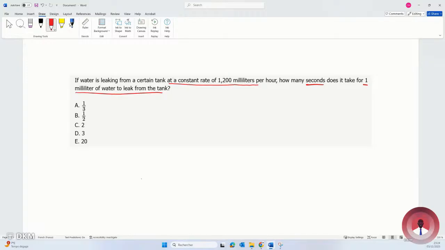Okay, so we can use the rule of three. It is leaking at a constant rate, so we have 1,200 milliliters leaking per hour gives us 1 hour, which is equal to 3,600 seconds, because the question is asking us how many seconds.